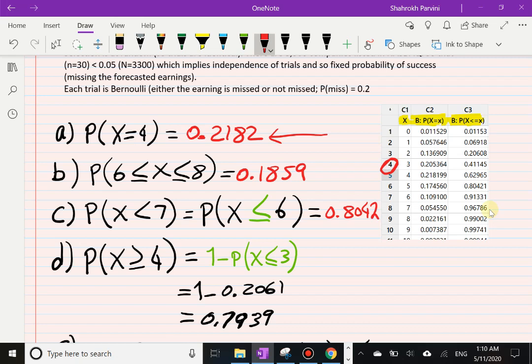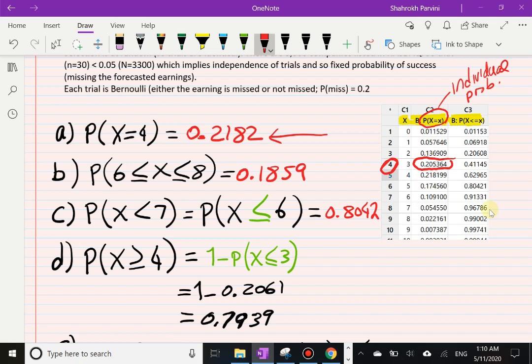So I look at 4, and looking at this gives you individual probabilities.